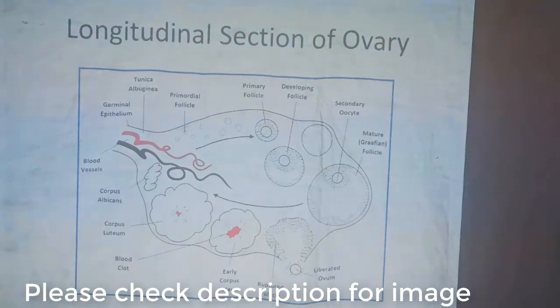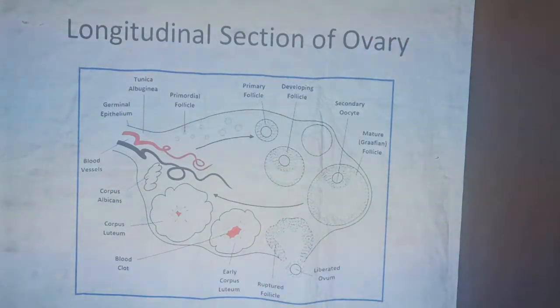We have discussed previously what factors are responsible for the menstrual cycle, and what happens when FSH is released from the pituitary. Now we will see the LS of the ovary, and here the primary follicles, after getting FSH, start to mature. That is the developing follicles or the maturing Graafian follicles.